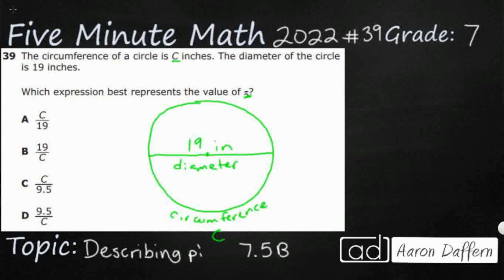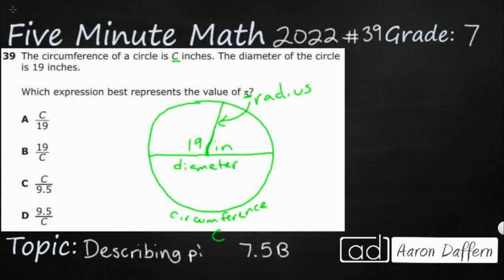And typically they're going to give you this. Now, if they give you the diameter, you can always find the radius. Now, I'm going to represent the radius as a line that goes kind of up here like this, but it could go in any direction. Think of it like the hands of a clock. The radius can go in any direction as long as it starts in the center and moves out.